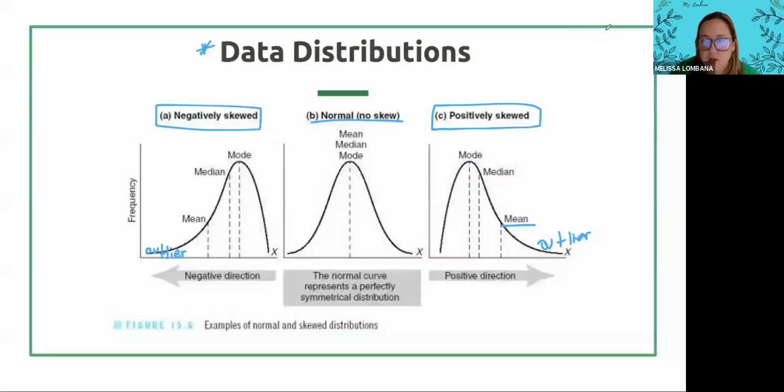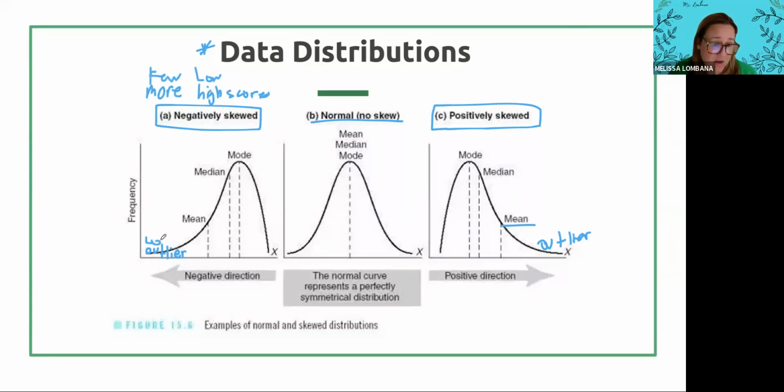So make sure that you have it in your notes. Under negatively skewed, this means that there are more high scores and few low scores, and you need to be able to know this. And then my lows are kind of my outliers, right?